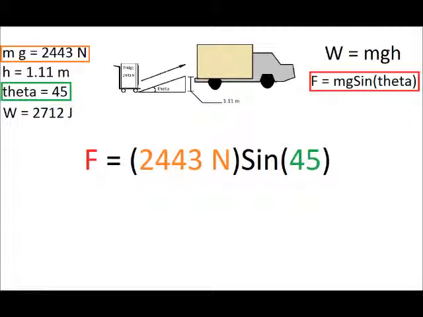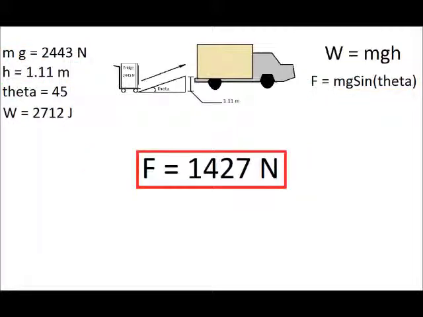And if you know your trigonometry, sine of 45 is just 1 over square root of 2. So the exact answer of this is 2,443 over square root of 2 newtons. And the approximate answer for that is 1,727 newtons. Alright.